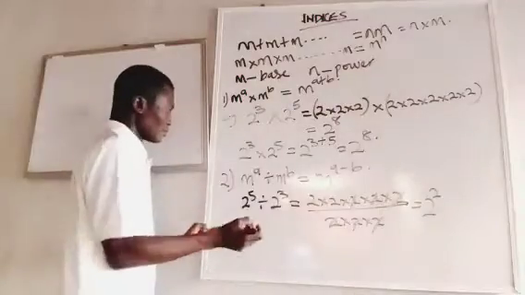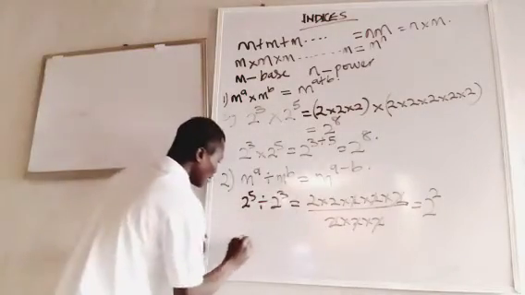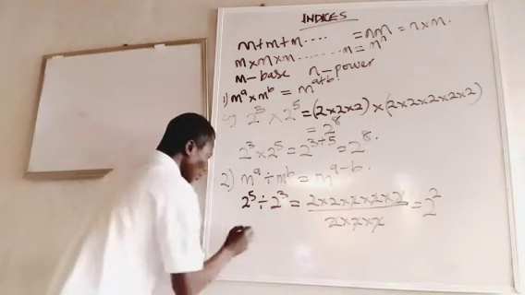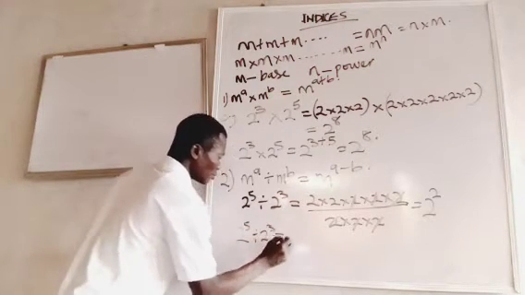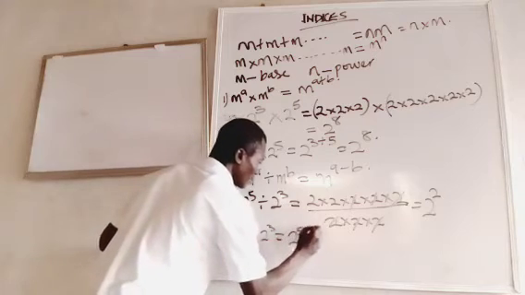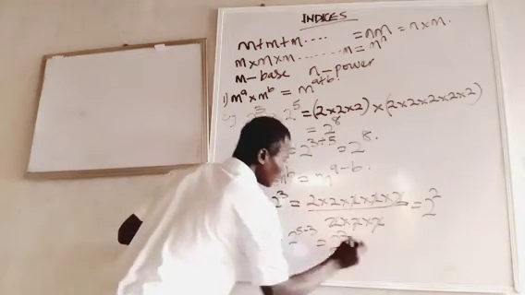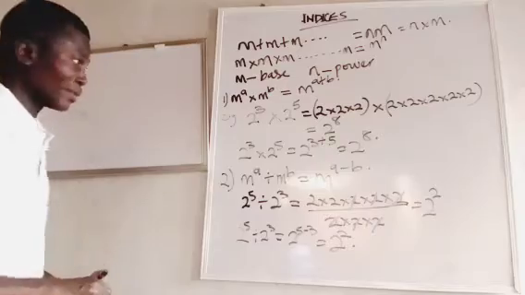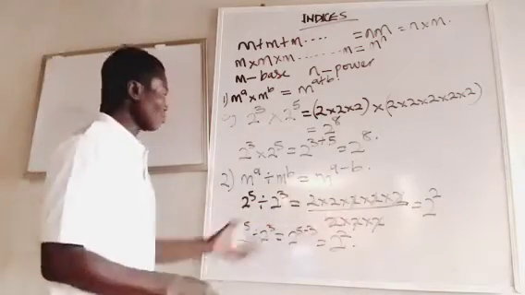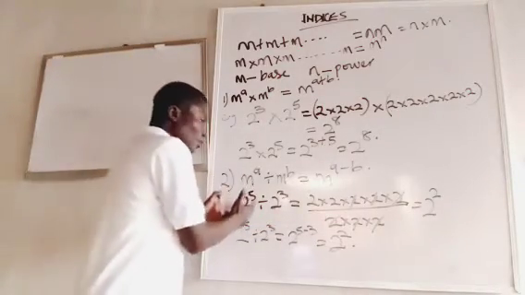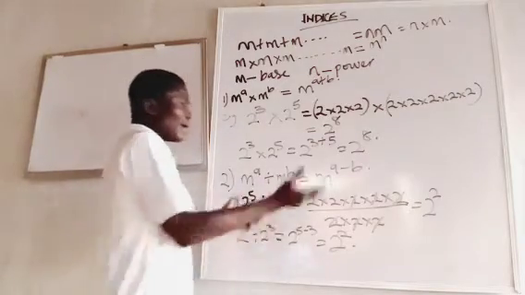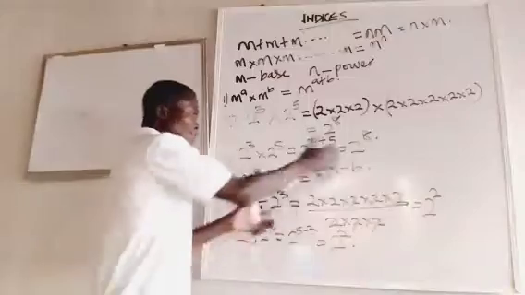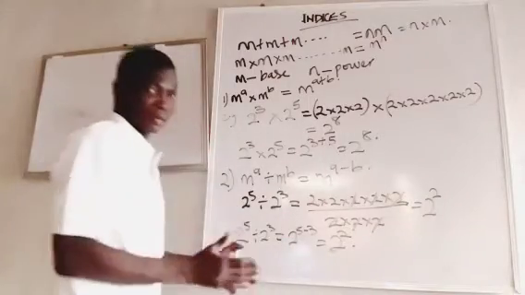So, in essence, I would have done it like this: 2 raised to power 5 divided by 2 raised to power 3 is equal to 2 raised to power 5 minus 3, which is 2 raised to power 2. Straightforward. You can see it saved me. Or if I know 2 raised to power 5 and I know 2 raised to power 3, I have it as the whole number, I could have broken it down like this and get my answer fast.